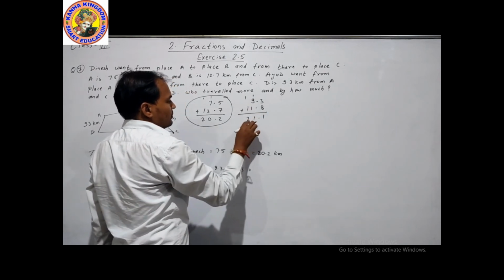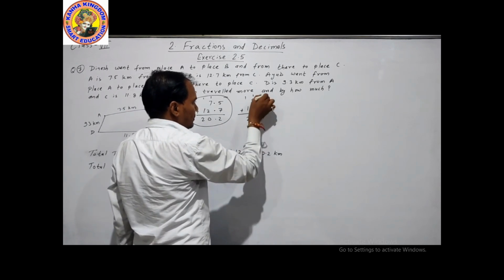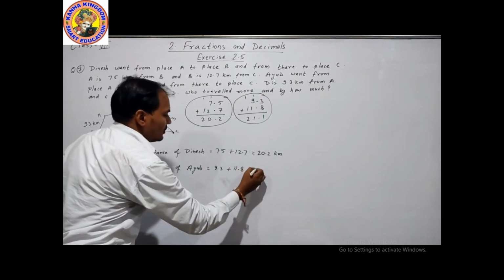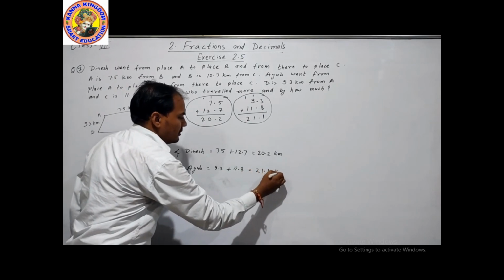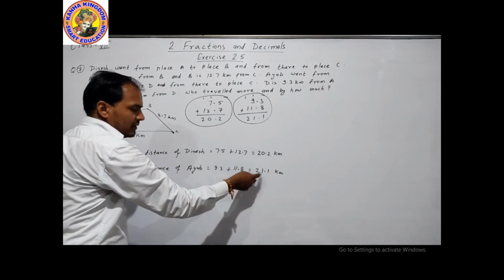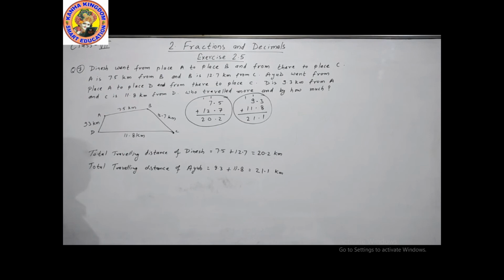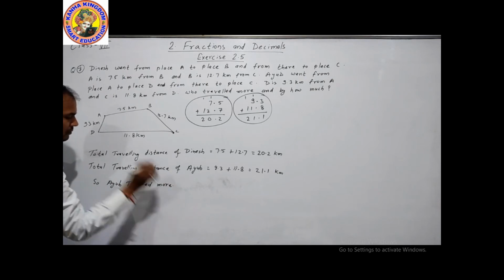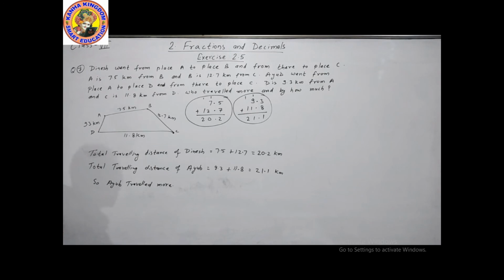Here it is 21.1 kilometer. Who is more, 20 or 21? 21. So Ayub traveled more. Now how much? How much means the difference between both.